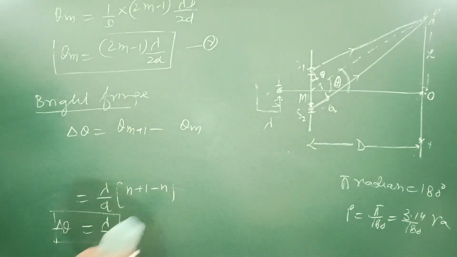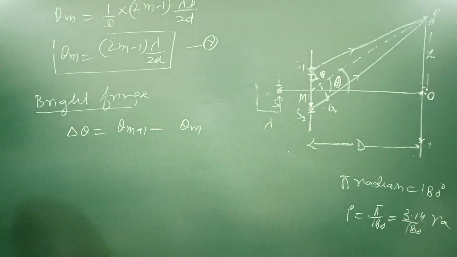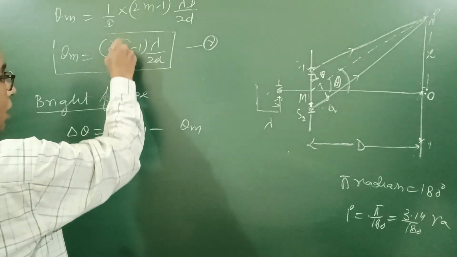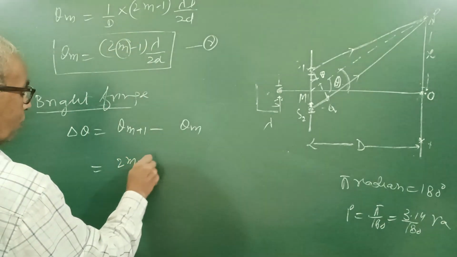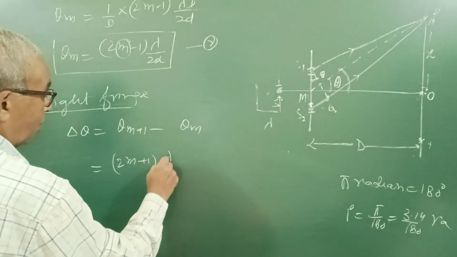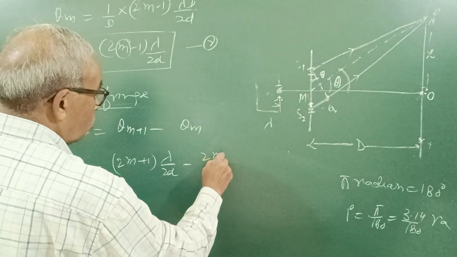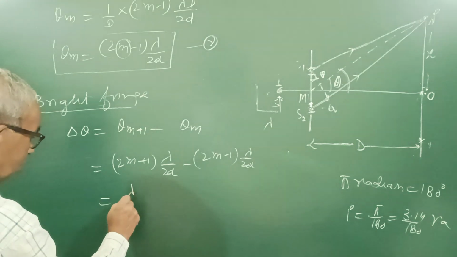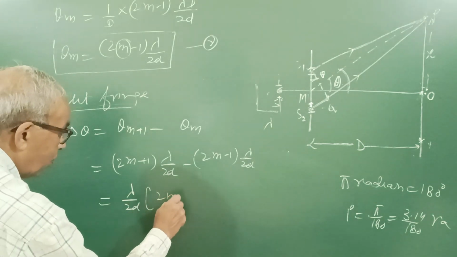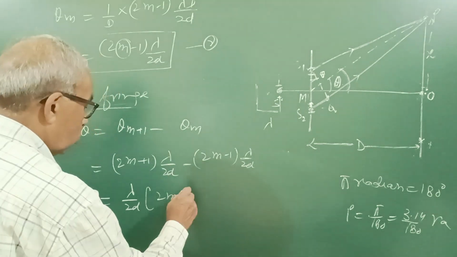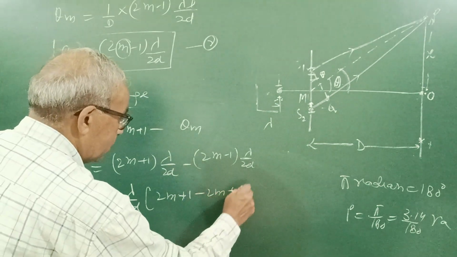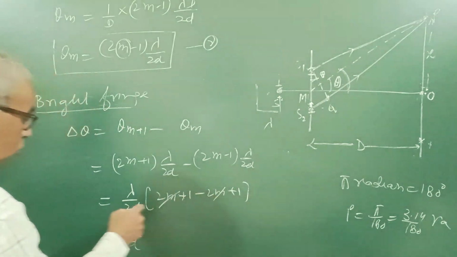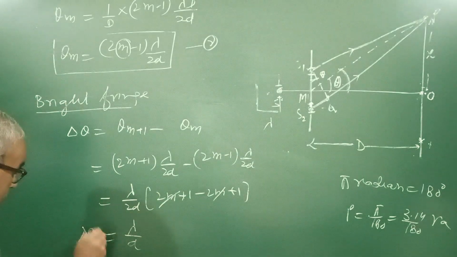Please make the correction there. That was the angular width of the dark fringe; for the bright fringe, between two darks there is a bright, sorry, what did I write. When things are simple, we make mistakes. So theta m plus 1, in place of m we write m plus 1, so we get 2m plus 1 into lambda by 2d minus 2m minus 1 lambda by 2d. Again lambda by 2d is common, 2m plus 1 minus 2m plus 1. It again comes to lambda by d. These two get cancelled, 1 plus 1 is 2, 2 cancels. So the angular width will also be the same.